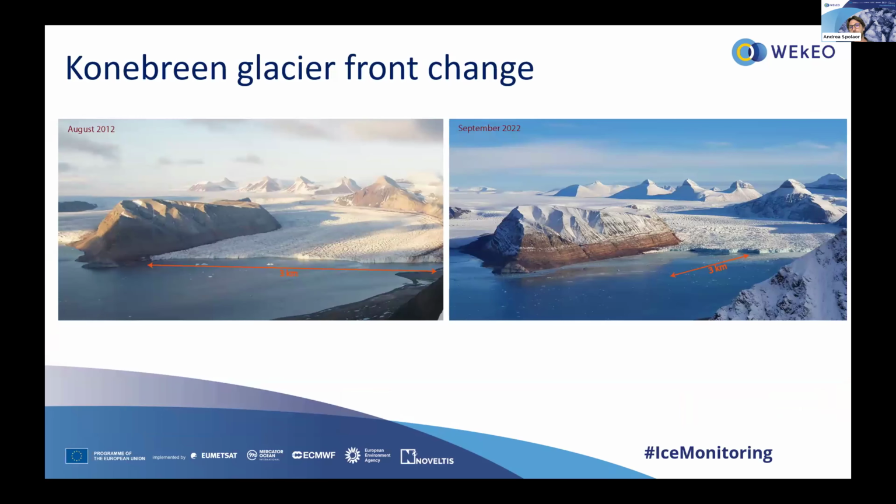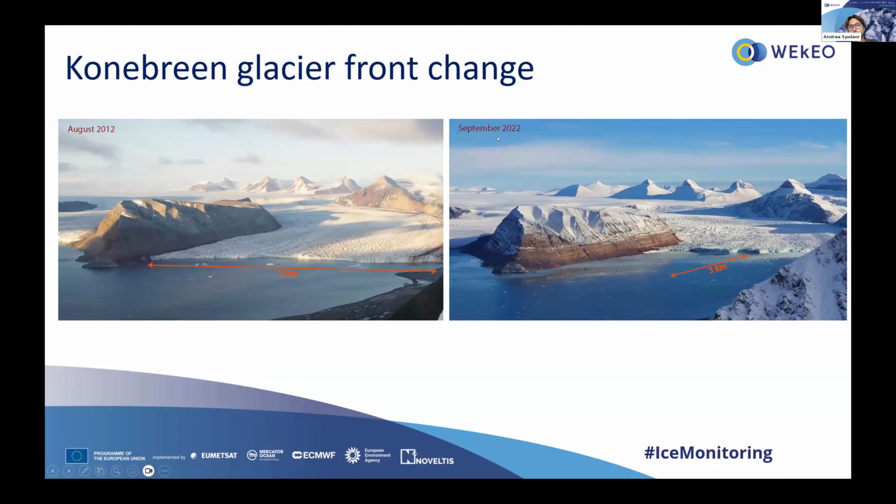Just to give an idea, I've been working in this context since 2012, and this is a picture of the Konnemen Glacier, at the end of the Kongsfjorden, taken in August 2012. To give a reference, it is 3 kilometers wide.